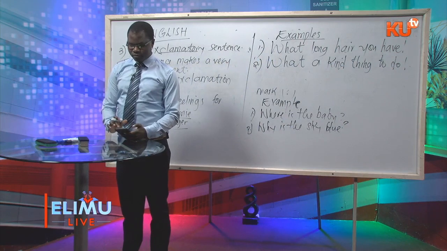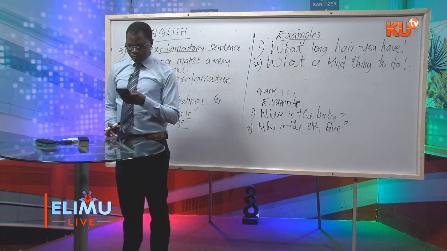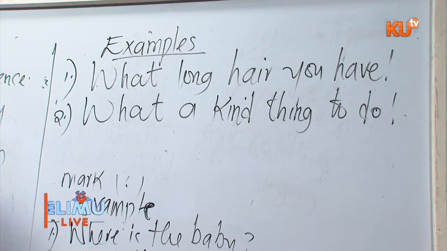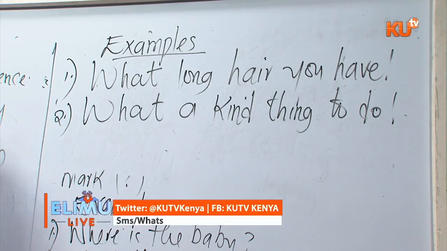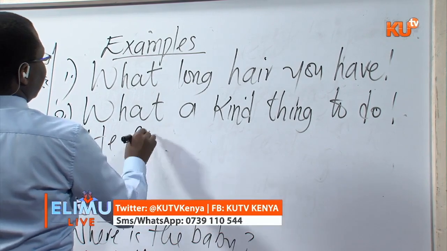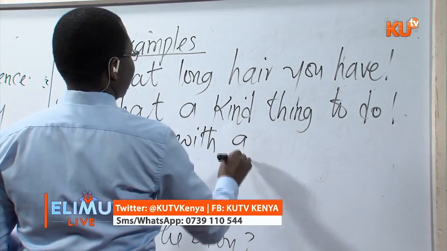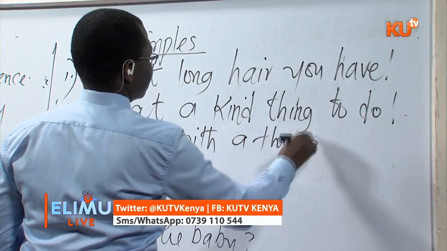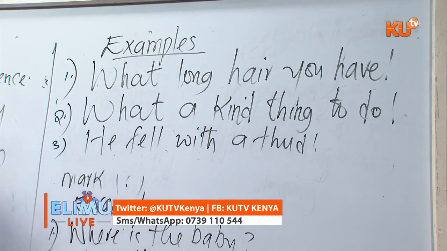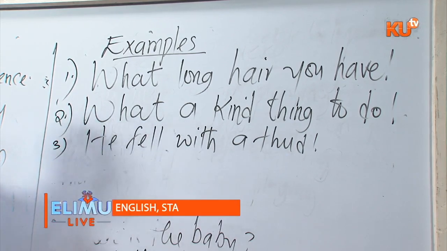Another one, example of exclamatory sentence, he fell with a thud. He fell with a thud is an example of an exclamatory sentence. They are used to show strong feelings.